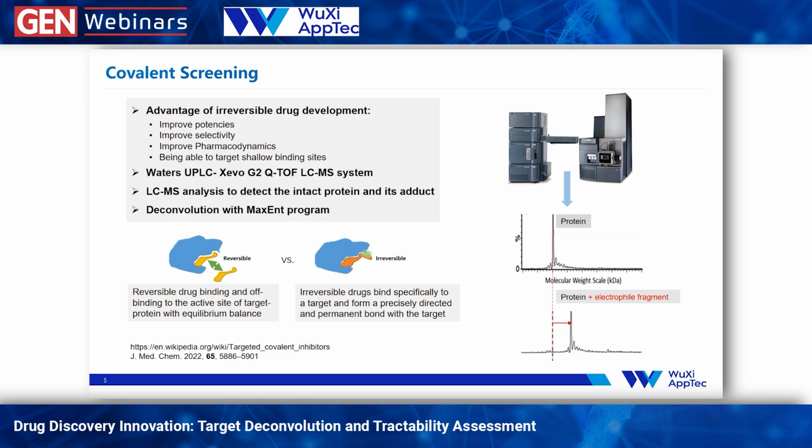However, drug developers in the past avoided covalent drugs mainly because of off-target binding and the subsequent risk of toxicity issues. Thanks to advances in chemical proteomics, off-target binding can be evaluated and avoided in the earlier stage of drug discovery.